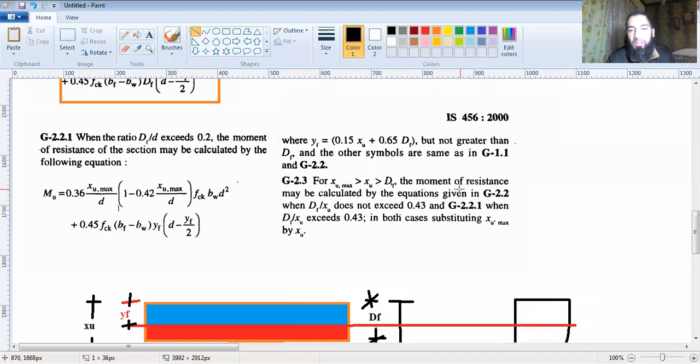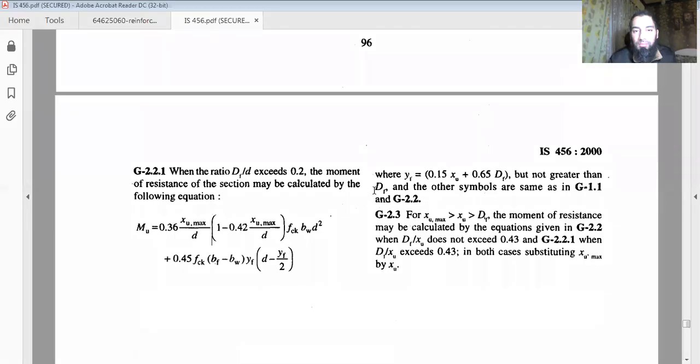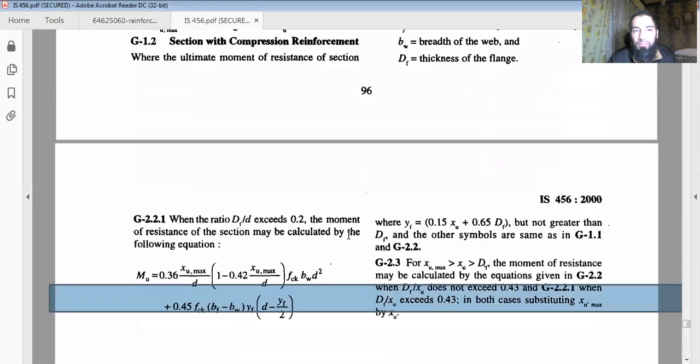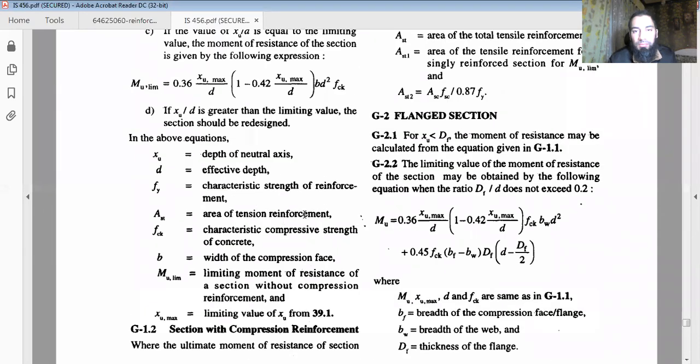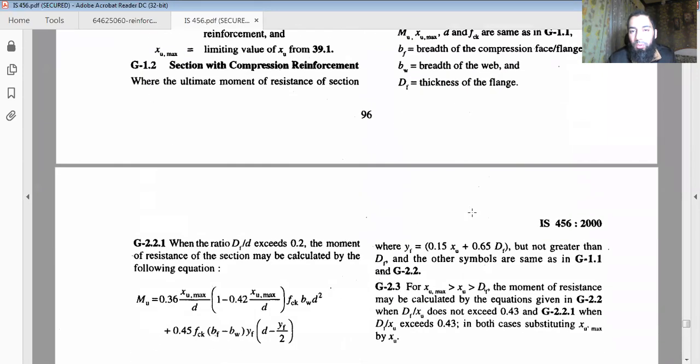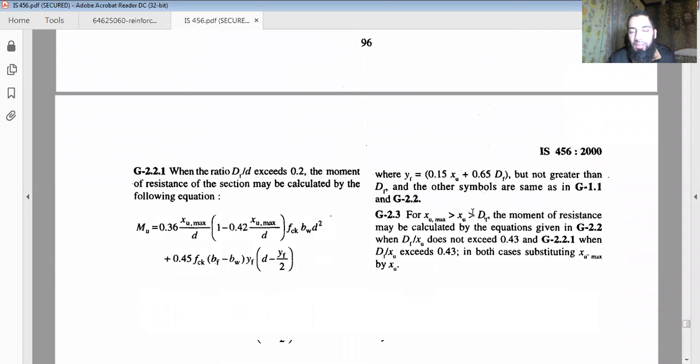The moment of resistance may be calculated by the equation G.2.2, which you already had in the code. Let me show you that. This one, which was meant for your Df by d when it's not exceeding 0.2, when your whole flange is in compression and it's in linear compression.